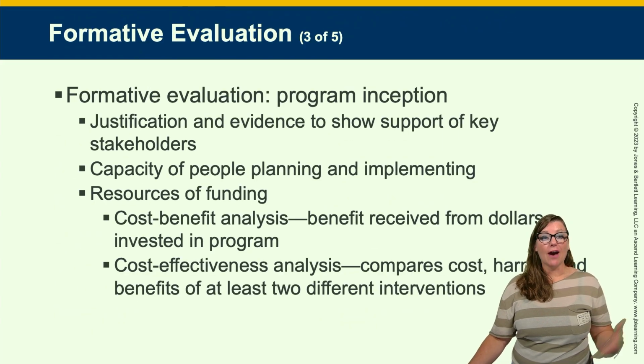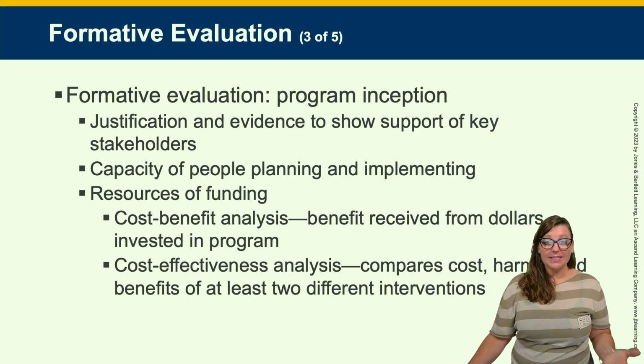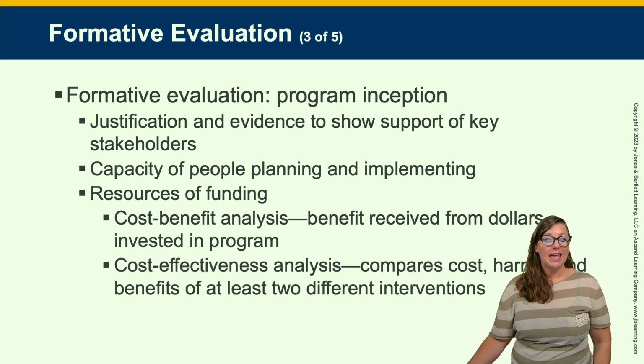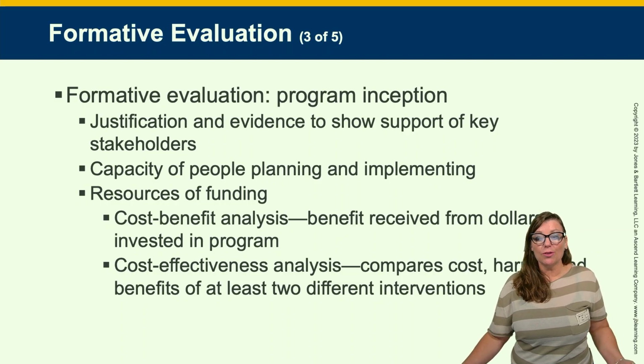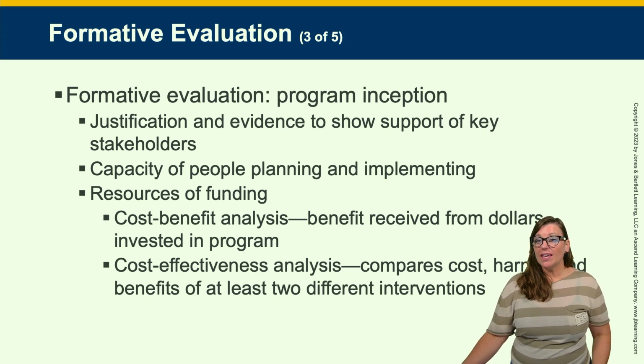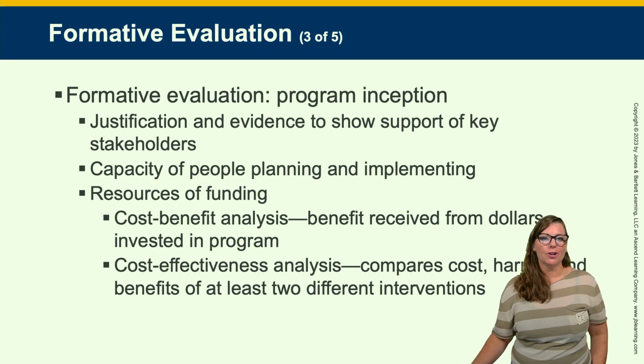Here we're talking about justification, resources, cost, benefit, and cost effectiveness. A key distinction you might want to understand is that cost benefit is asking, is it worth it overall? And cost effectiveness is asking if it's worth it compared to other alternatives.